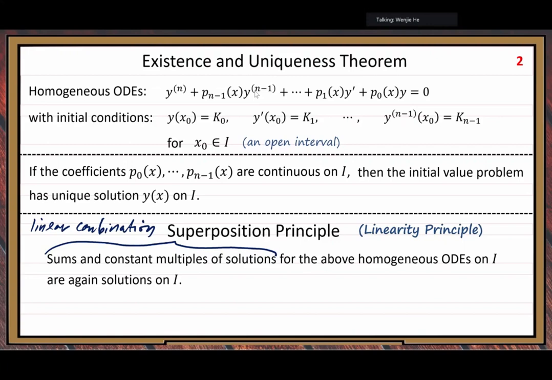Here, for nth order, we should have n linearly independent solutions. So a linear combination of n linearly independent solutions of the above homogeneous equation is also a solution on I.